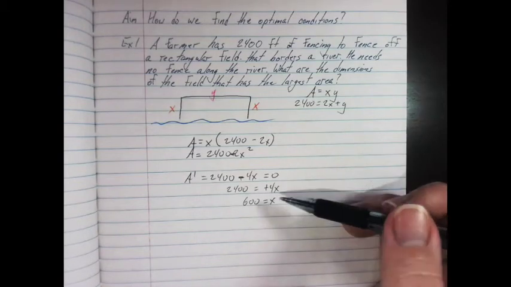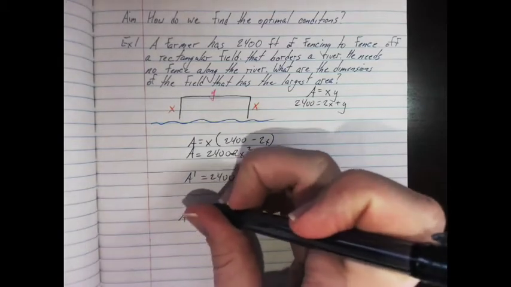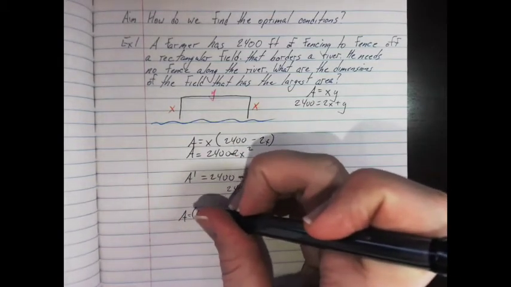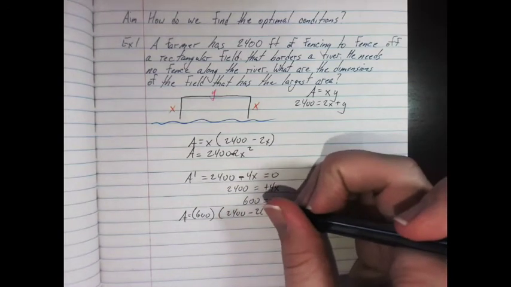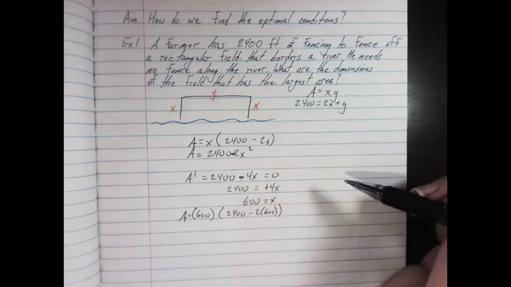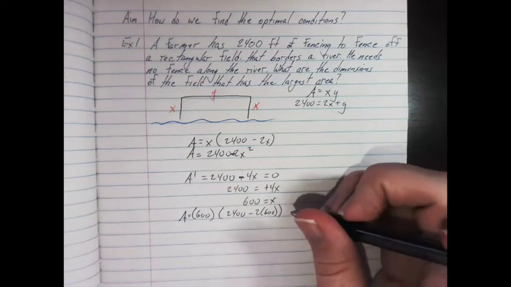Well, you just plug this in, same as we found the critical points in our last lesson. And we say, well, A is equal to 600 times (2,400 minus 2 times 600). That's going to give us our largest area.